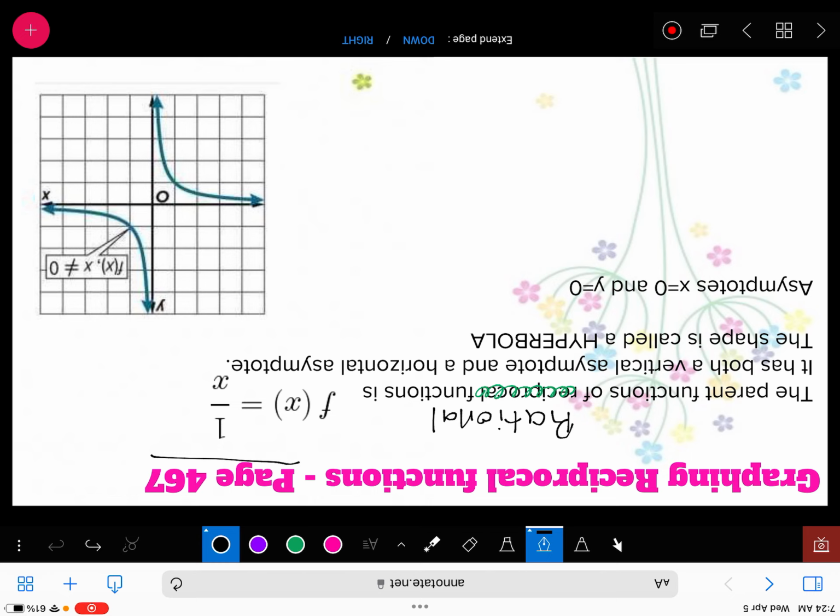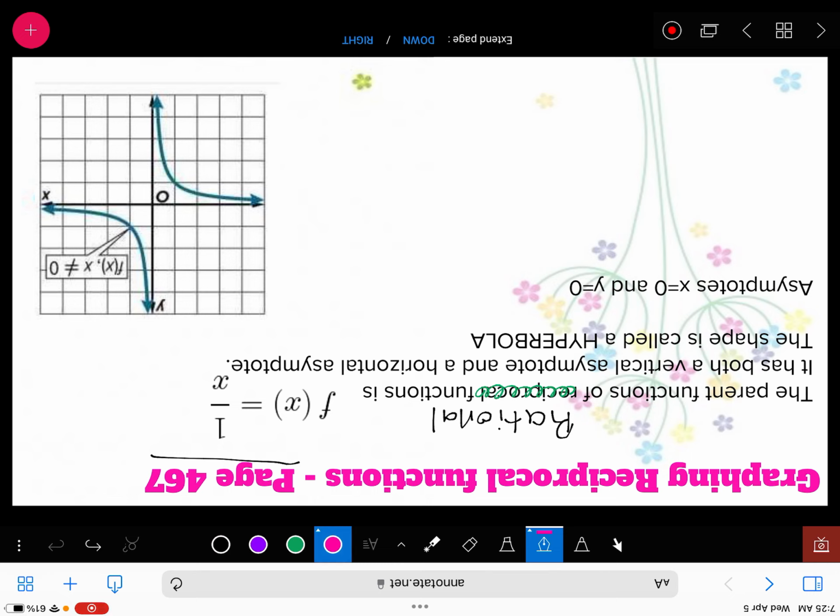Okay? So look at this shape. It's kind of funky looking. It kind of looks like two exponential functions or an exponential function and a log function. It looks kind of like them. What it is that it has two asymptotes.